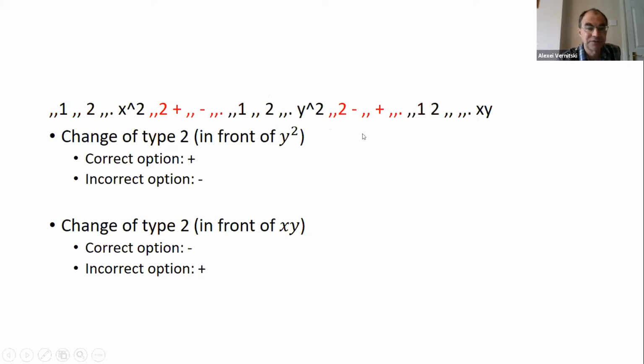And likewise, regarding pluses and minuses, this will be a change of type 2. The correct option in front of y squared is to have plus, and an incorrect option is to have minus. Now, in front of 2xy, the correct option is to have minus, and the incorrect option is to have plus.